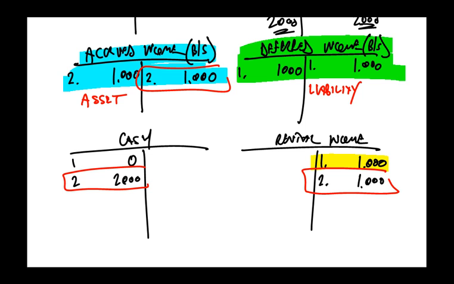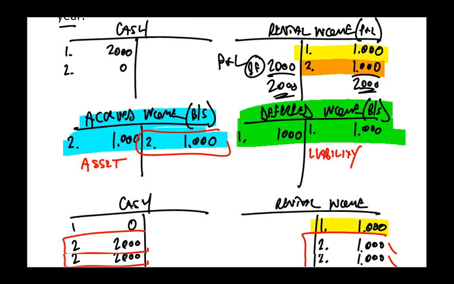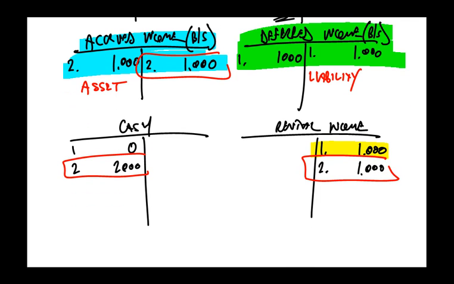The first £1,000 on the credit side is reversing the accrued income from the first year, and the second £1,000 is actually being recognised as the second year's income. And again, you can hopefully see that we've now split the income for the second tenant. We recognised the first £1,000 in the first year. We hadn't actually been paid for it, but we dealt with that in the accrued income. And then the second £1,000 is now being recognised in the second year's P&L.